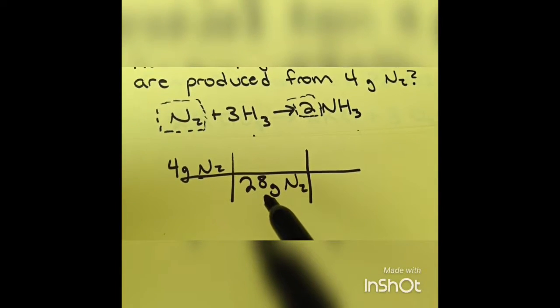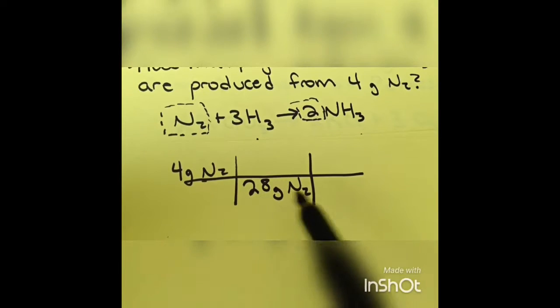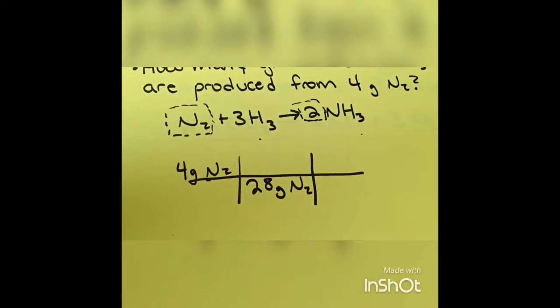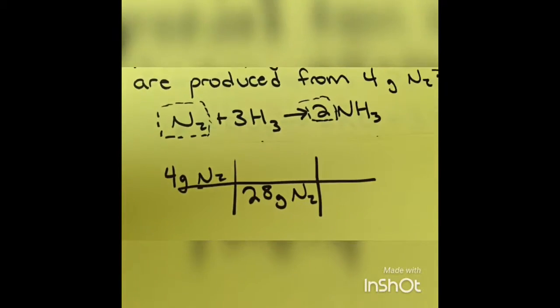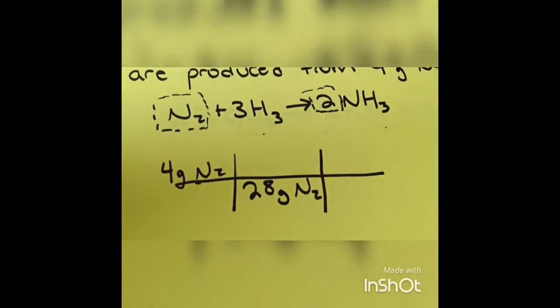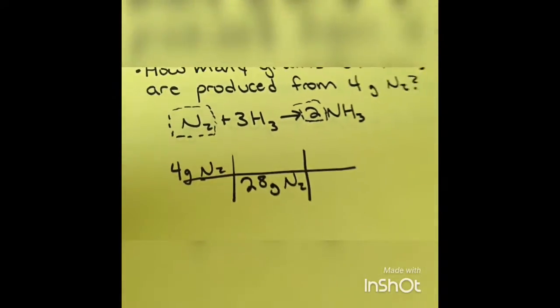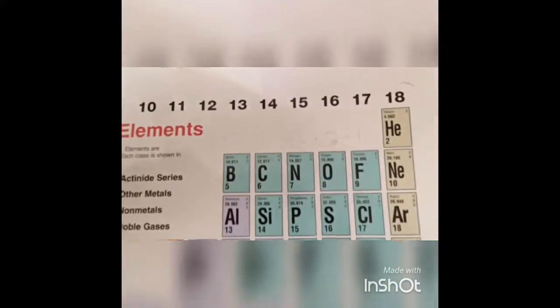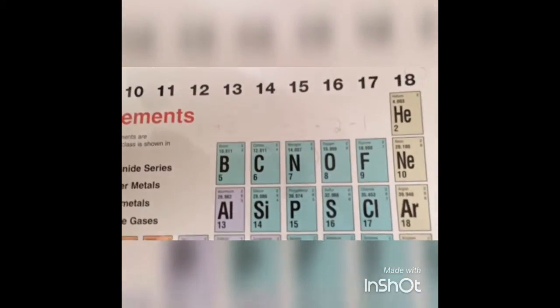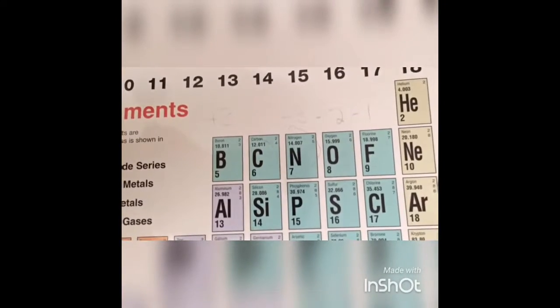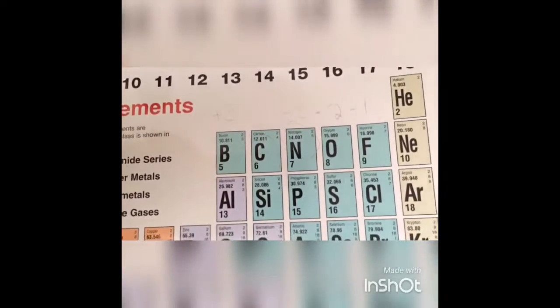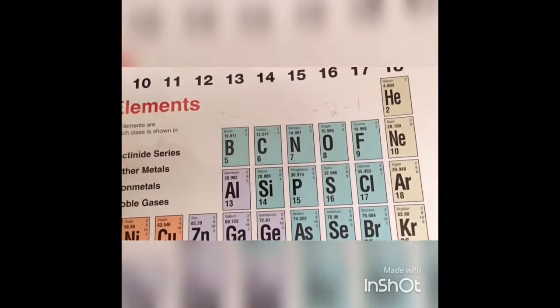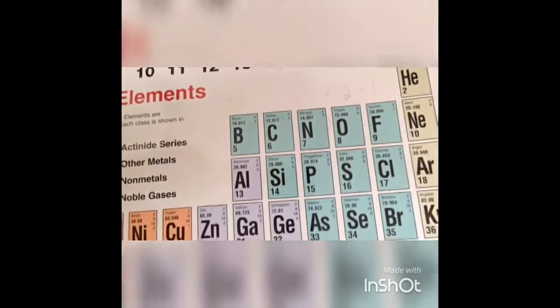And the reason I put this 28 grams of N2, you might ask, where'd you get that from? Periodic table, because what are we doing? We're going from grams to moles first. Nitrogen's atomic mass is 14.